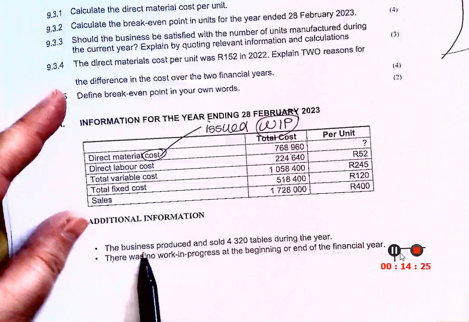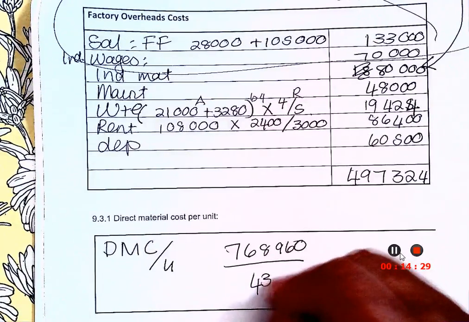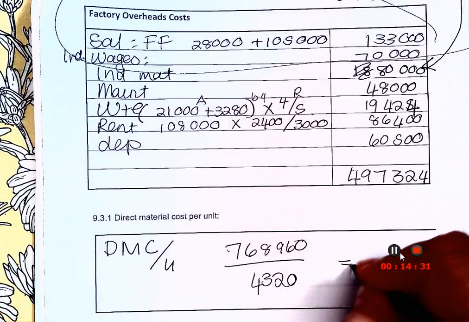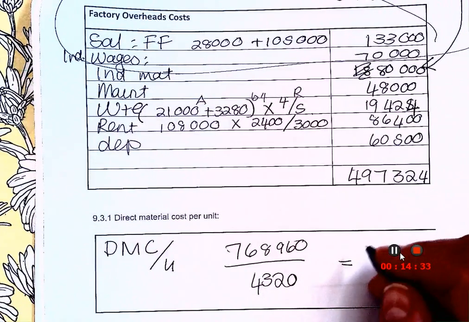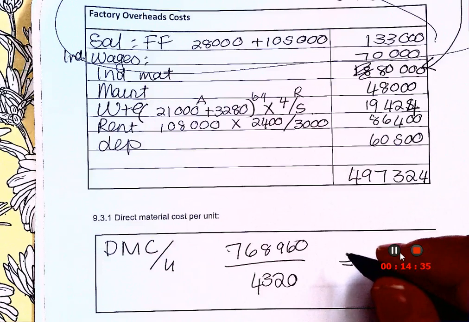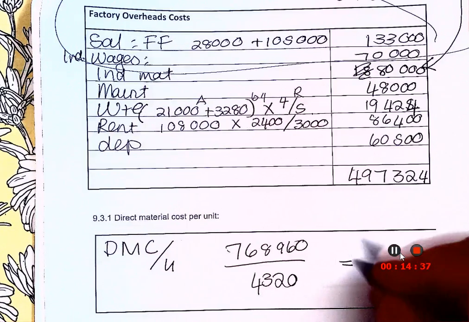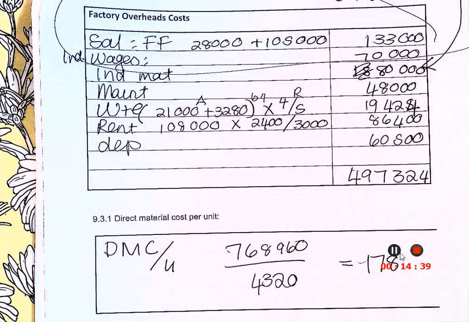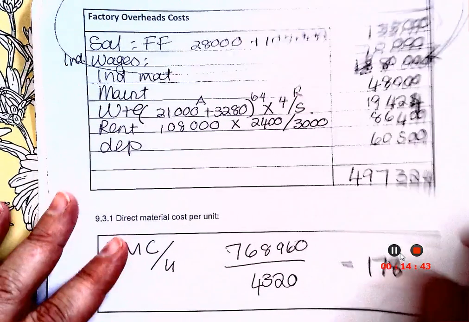The rest, it's always the units that's produced. Okay, 4,320, and that gives me 178. Okay, next one.